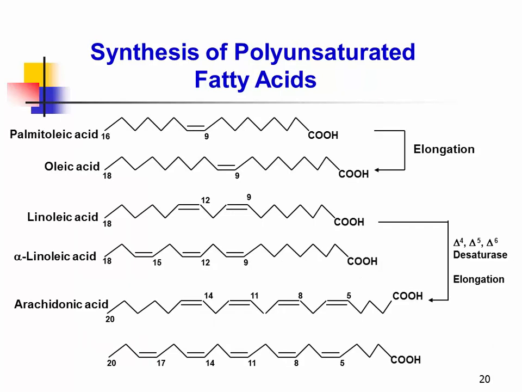In our body, we also have polyunsaturated fatty acids, meaning the fatty acids have more than one double bond. Some have 2 double bonds, some have 3 or 4. For this, the fatty acids undergo multiple steps. First you need elongation steps to extend the carbon chain, and then the desaturations.